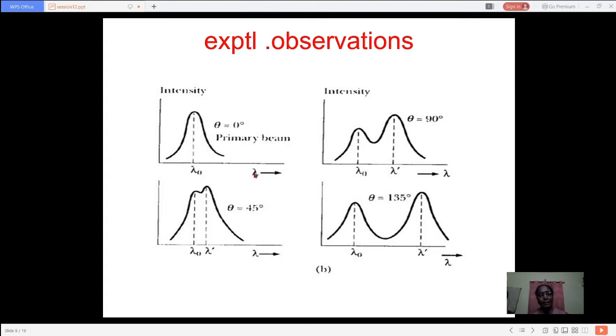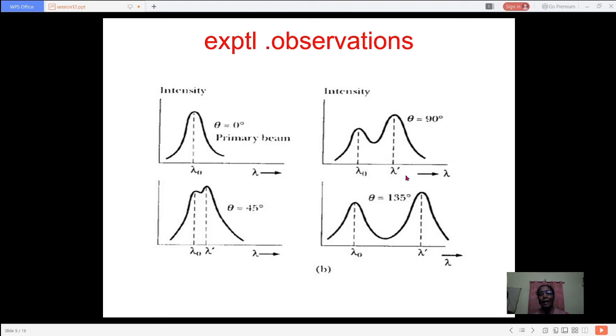Okay, but let us come to another angle, that is 45 degrees. Scattering angle is 45 degrees. So, at this angle, see, there is one peak and there is another peak. The higher peak here represents the wavelength of the scattered photon.